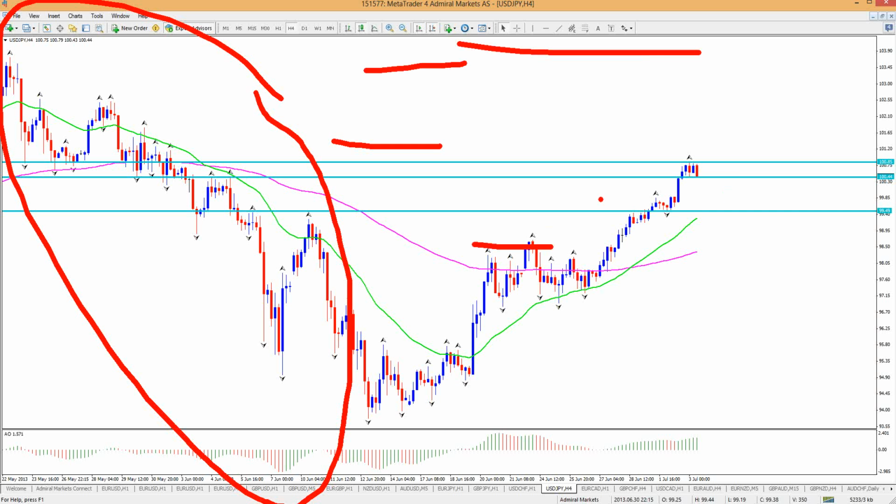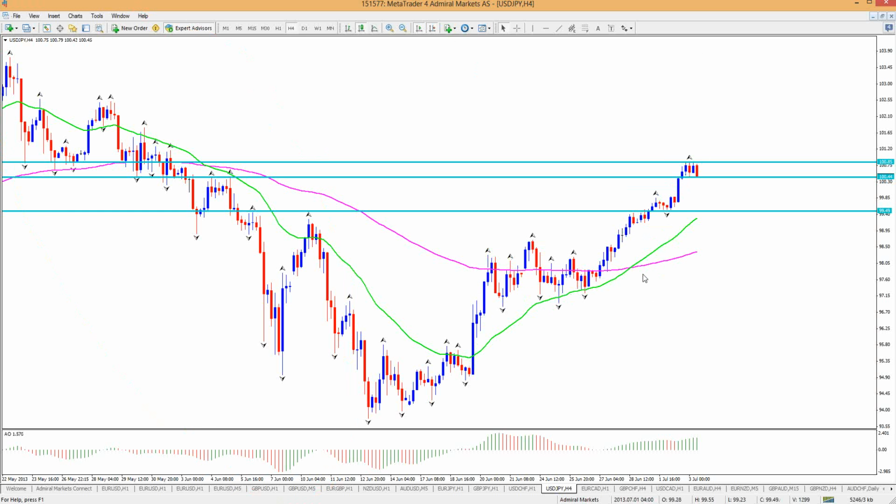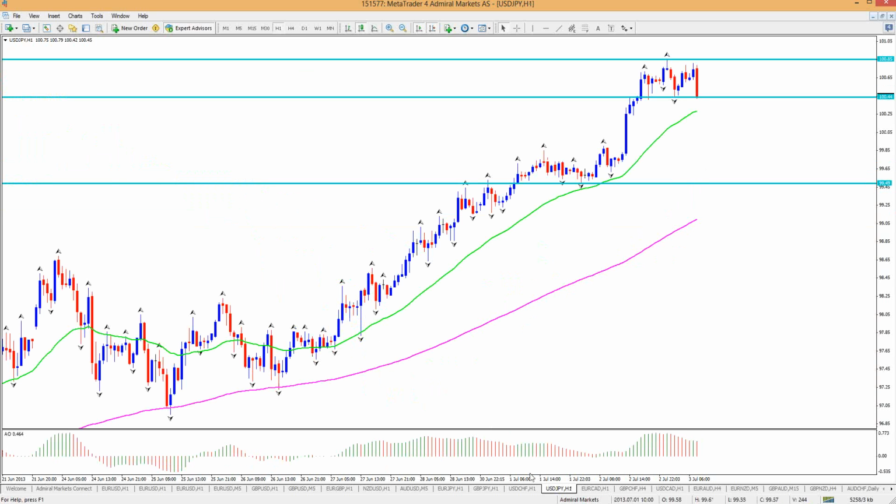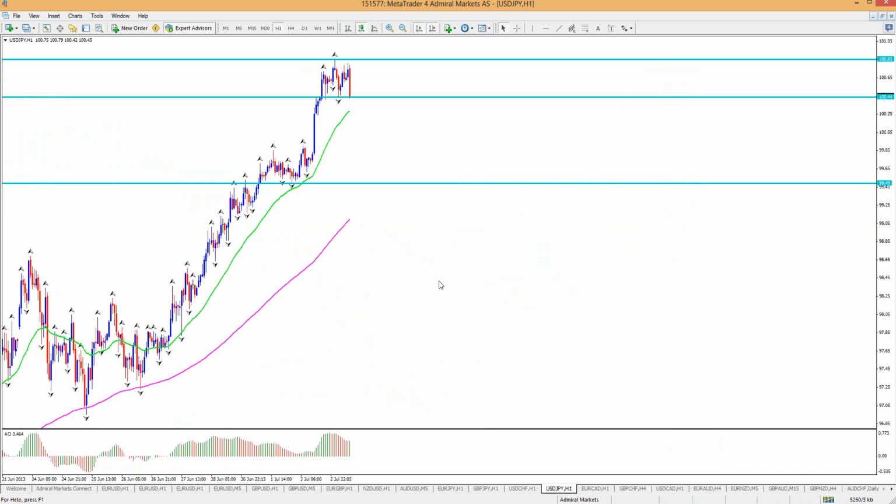And we did stop at them, but we just kept on going up. So we stopped, but retraced, but went up. Stopped, went sideways, but went up. So definitely uptrend.